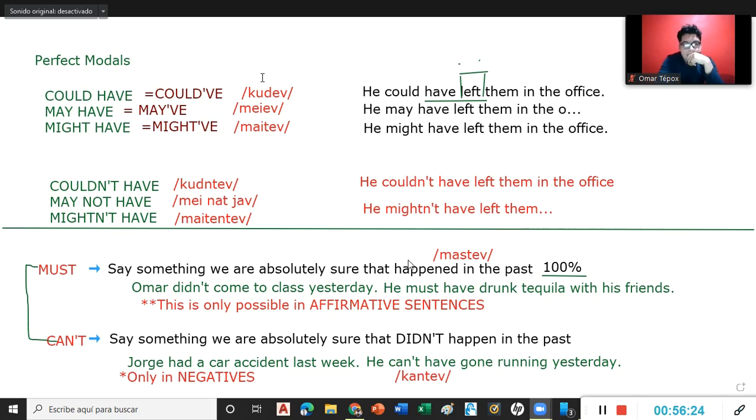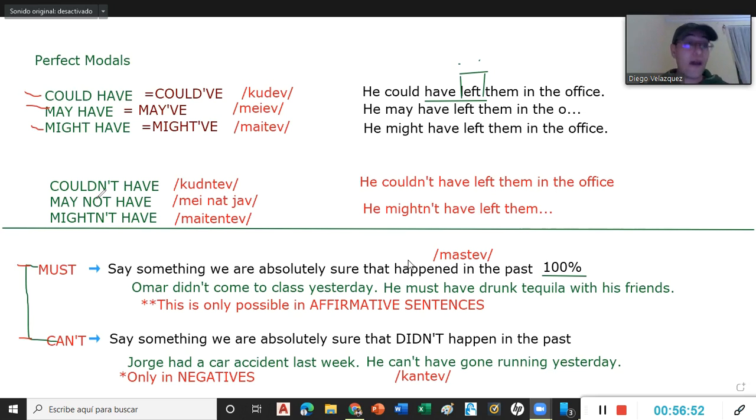Okay, so children, these are the past modals or the perfect modals to create past deductions or speculations, okay? Could, may, might, must and can't, okay? Entonces ya no se vayan a confundir con todo lo que checaron en niveles anteriores, chicos, que can es for abilities, for permission, must for obligation.